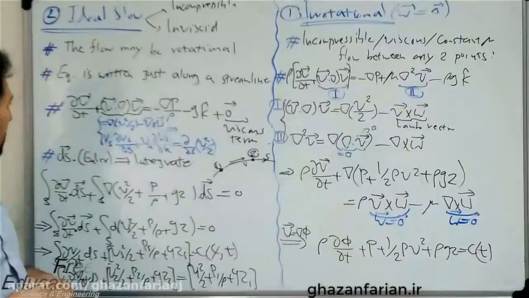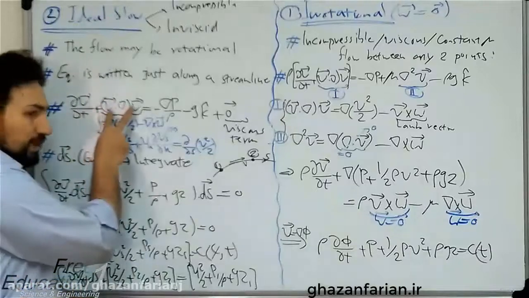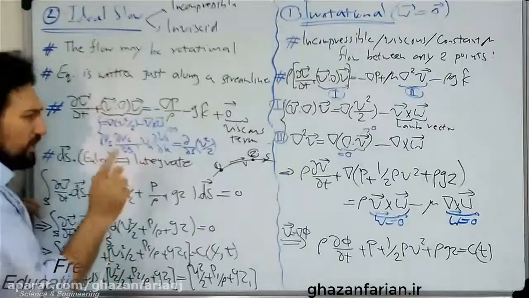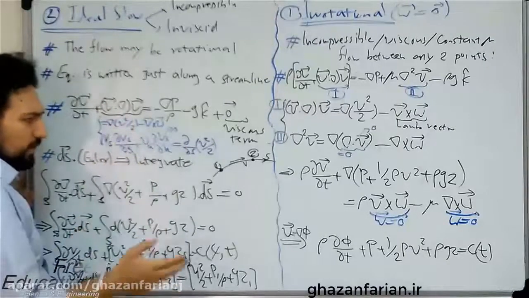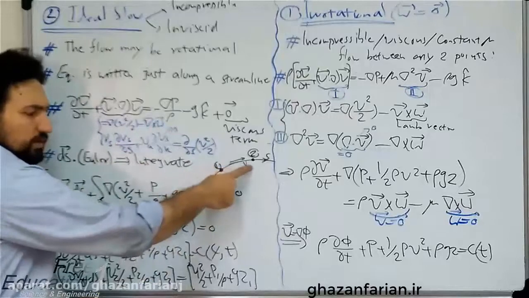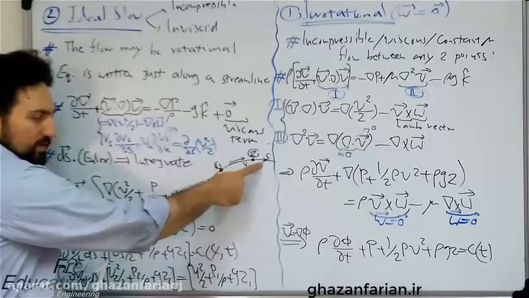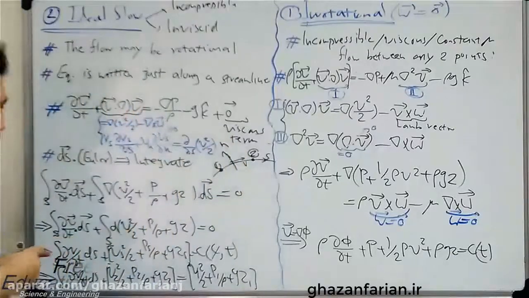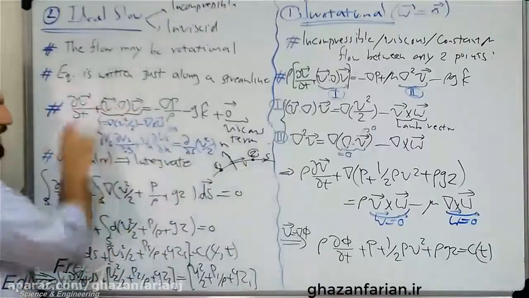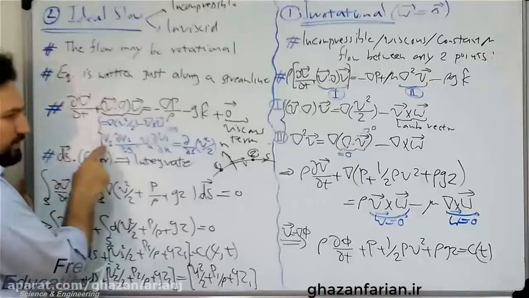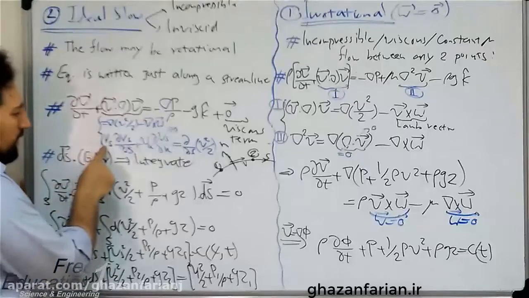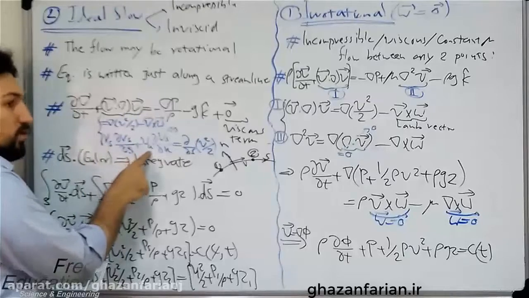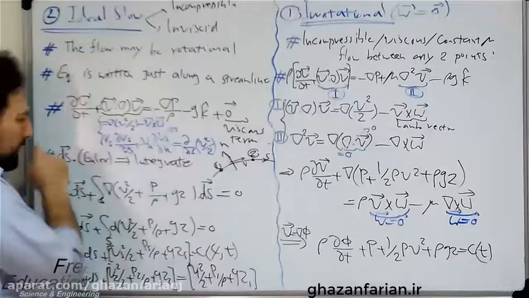Another point here is that let's expand the nonlinear term in Cartesian coordinates, for example, or in coordinates one of which is tangent to the streamline S, and the other one is normal to the streamline. So the advection term can be written as Vs, the component of the velocity in the S direction, and Vn is the component of velocity normal to the streamline direction.